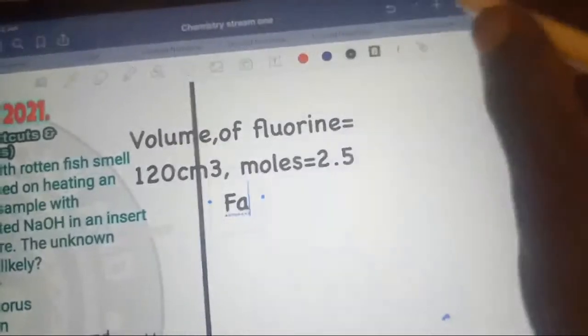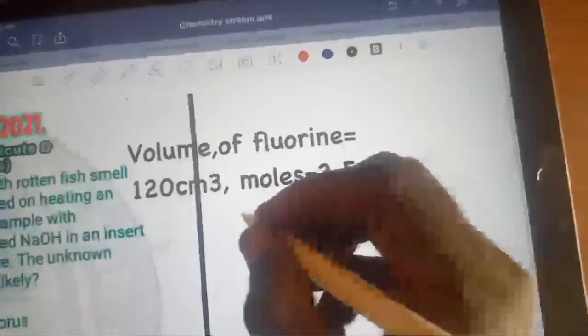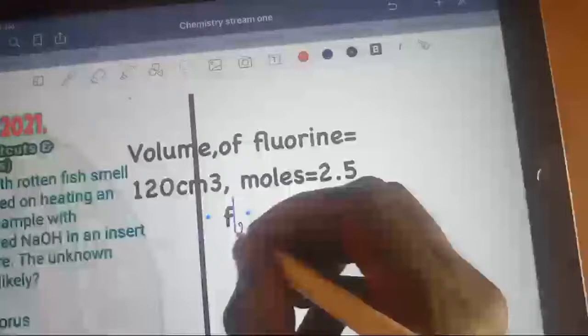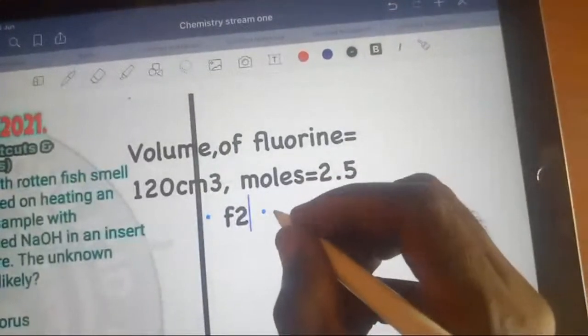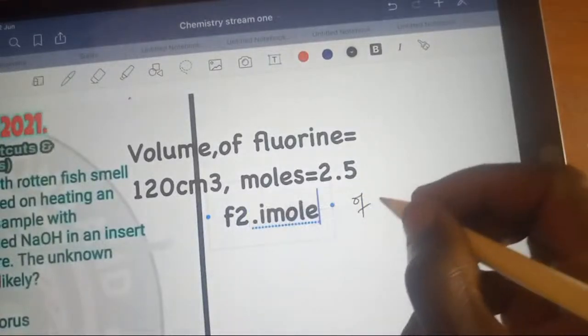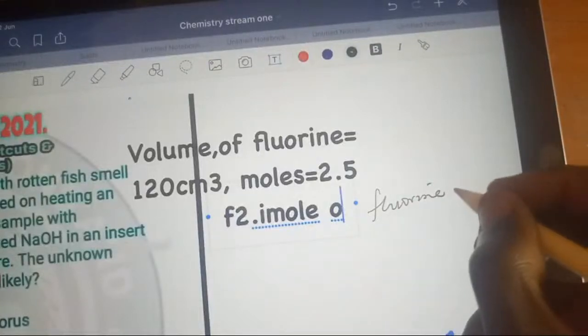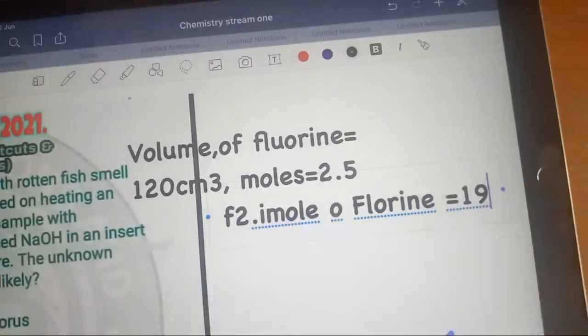So what does it mean? It automatically means that F2 is fluorine. 1 mole of fluorine weighs 19.0, of course.